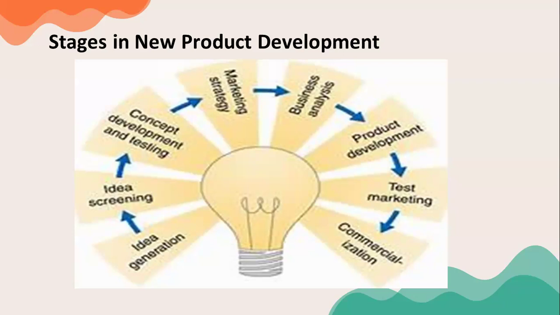Then you develop the concept and do the testing. You can develop the prototype and test the concept, then you plan the marketing strategies, and you analyze the business: what would be the cost, profit, and how long it will take to achieve the profit. Then you develop the product, not in bulk, but a small quantity, and you do a test drive. That means test marketing, and then you do the commercialization. So these are the stages of a new product, right?